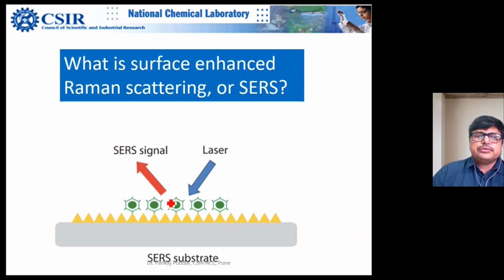When the molecule or your system, solid system, whatever system, comes closer to these rough surfaces, the electric field in the vicinity of these rough edges is highly enhanced, and because of the enhanced electric field, the Raman signal gets enhanced, and that we call SERS.